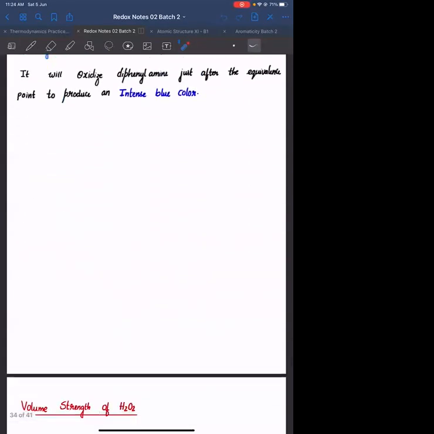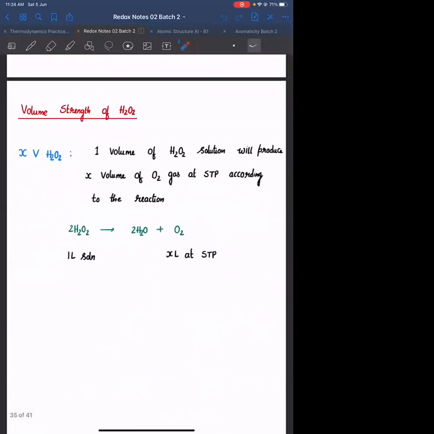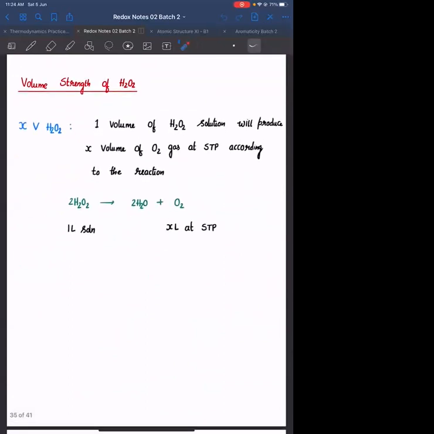Okay. Let's go to our last concept, which is volume strength. What are the different concentration terms we have?